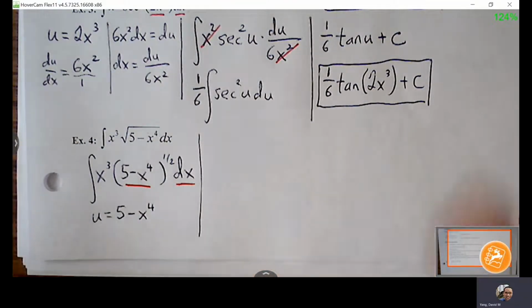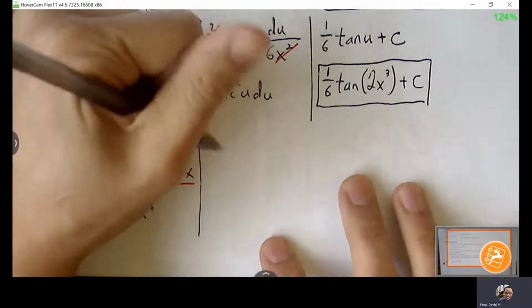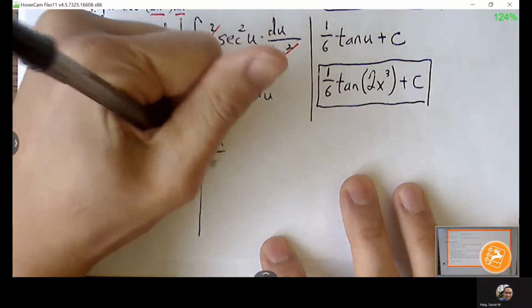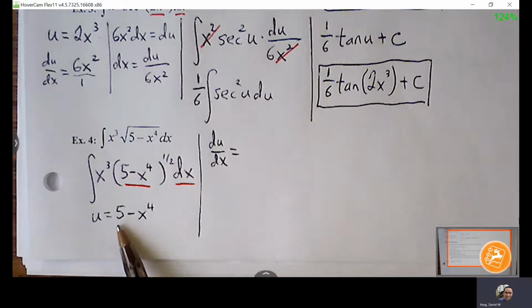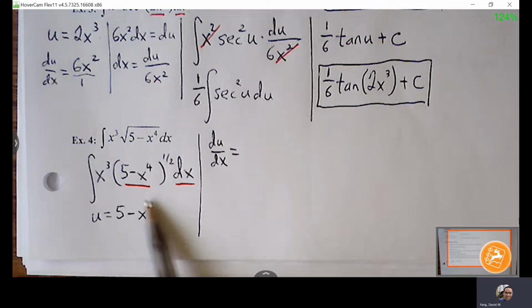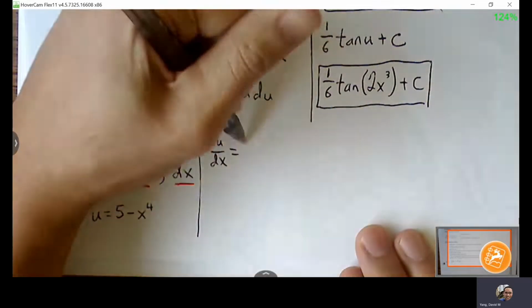As soon as you find your U value, you're going to do du dx. Okay, what's the derivative of 5 minus x to the 4th? Yeah, negative 4x cubed. The 5 as a constant goes away to 0, right? Only this second term remains.